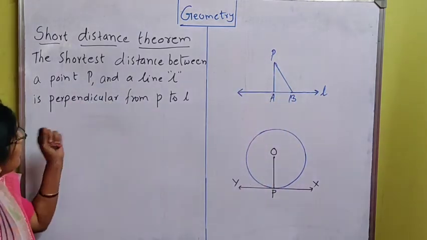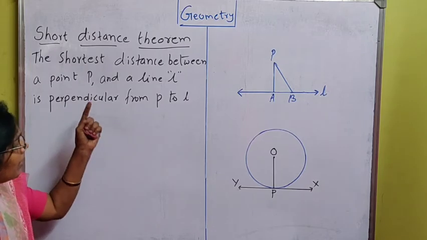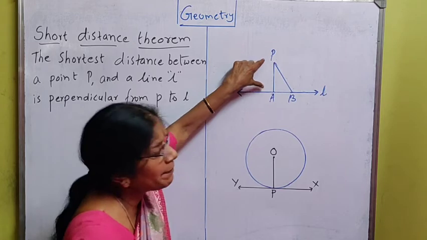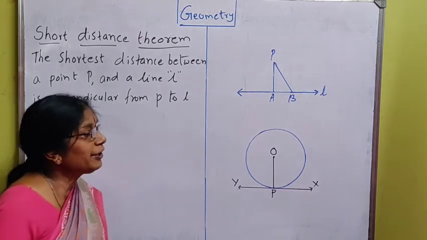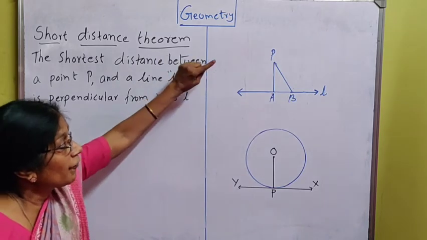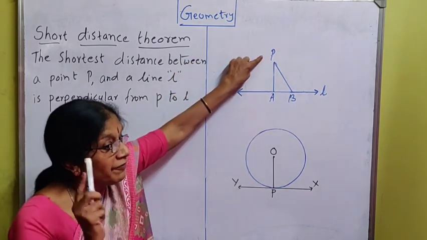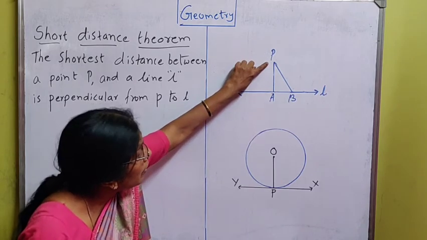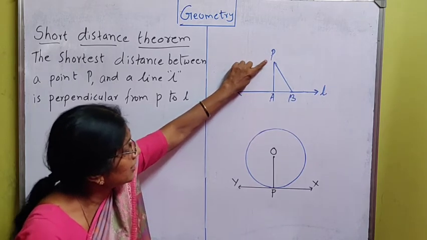Now what it says is that the perpendicular line from P to L, that is PA, is the shortest distance from the external point. I am telling from external point P, not A and B. What does it mean? Let us try to see.